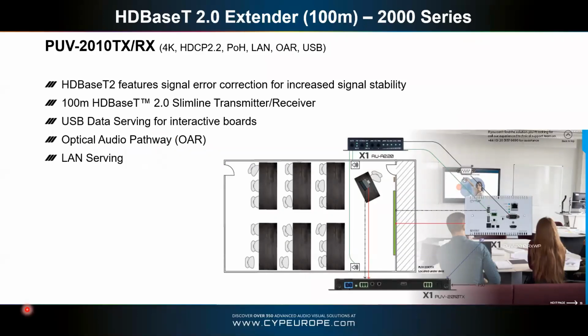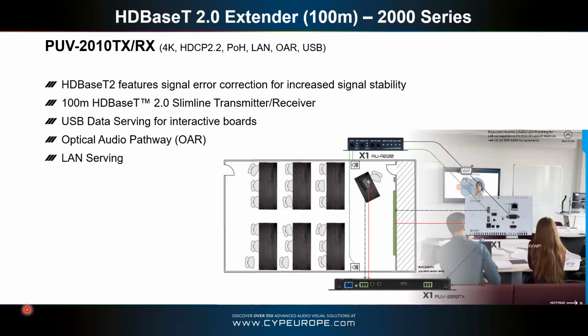Sorry, yes, certainly. The error correction is the PAM system that was introduced by Valens on their HDBaseT 2 chip, which basically just means that you have on-the-fly live error correction as the signal is passing through the HDBaseT chip. So it really does add to stability as well.